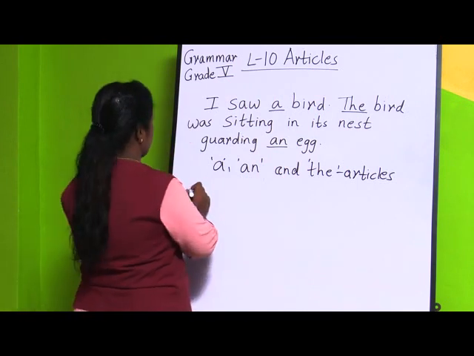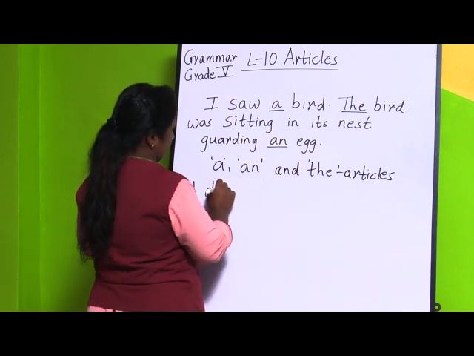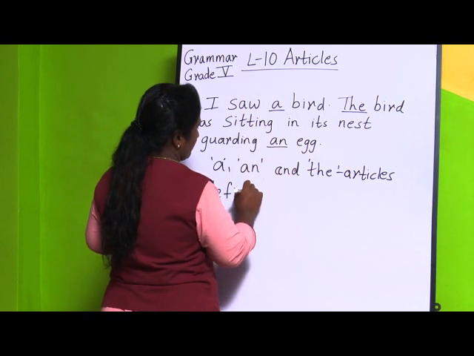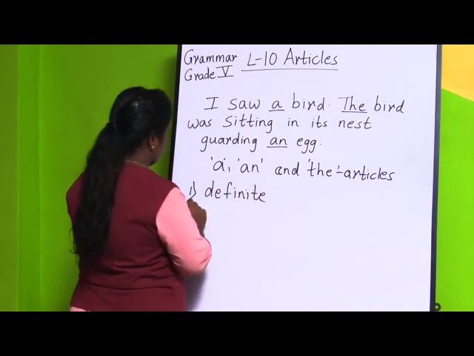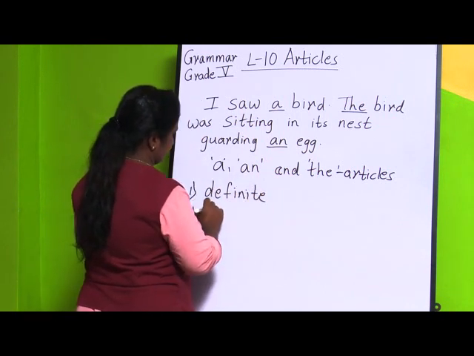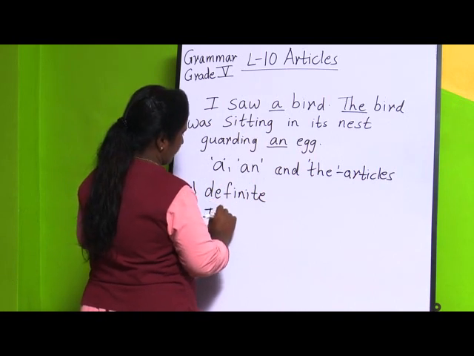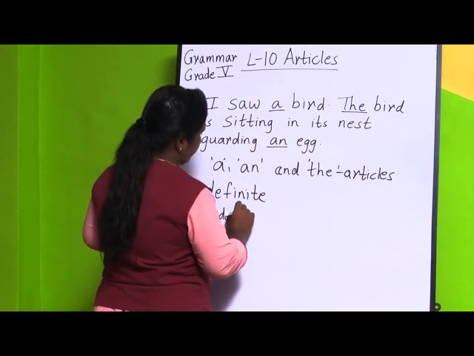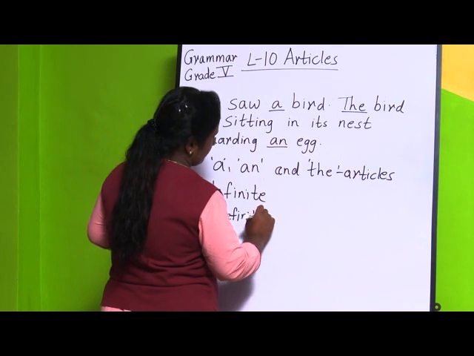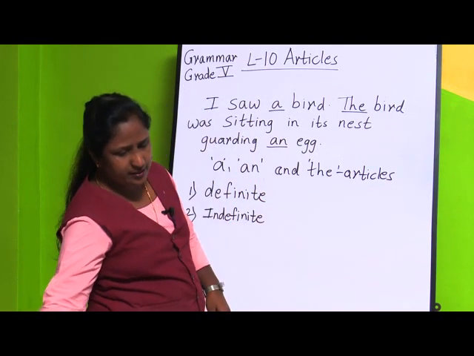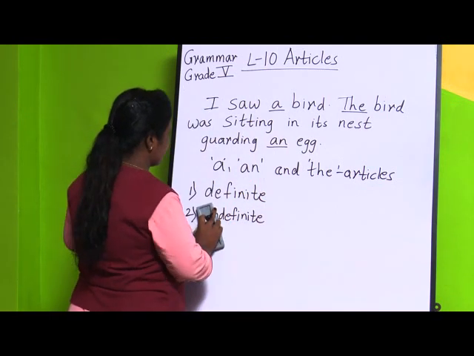There are two types of articles. First one is definite article and second is indefinite article. So, what is definite article and what is indefinite article?